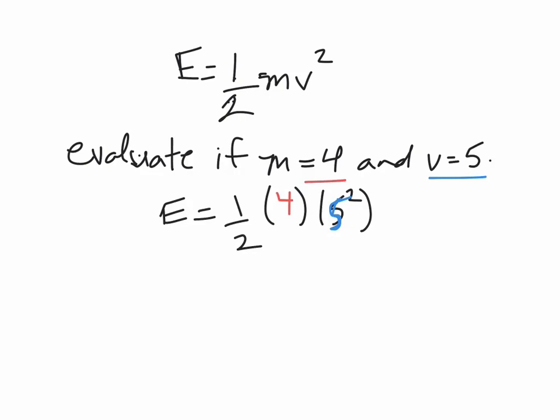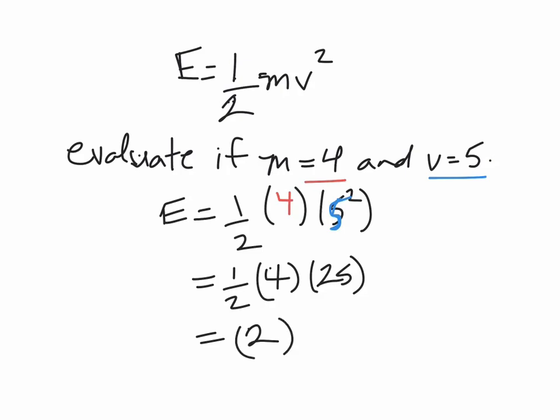So the next thing I do is just rewrite things. 1/2 times 4, we'll get to that in a second. What's 5 squared? 25. Half times 4 is 2. Times 25. And if you have a calculator, you could probably compress this down much more easily to get 50.